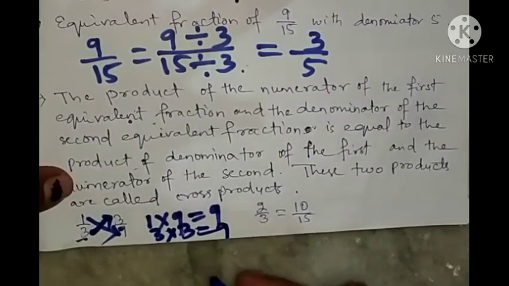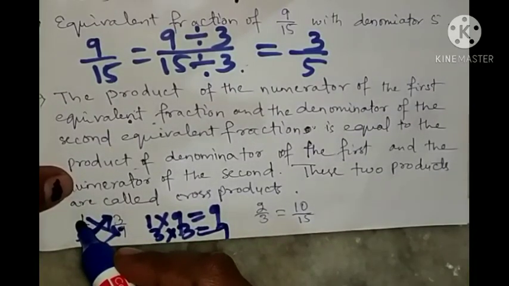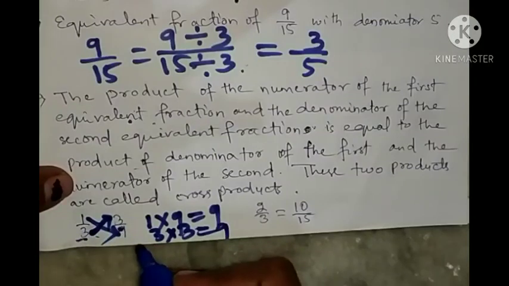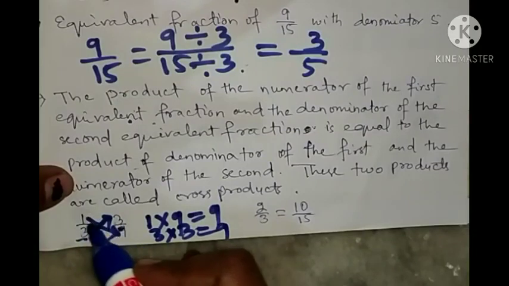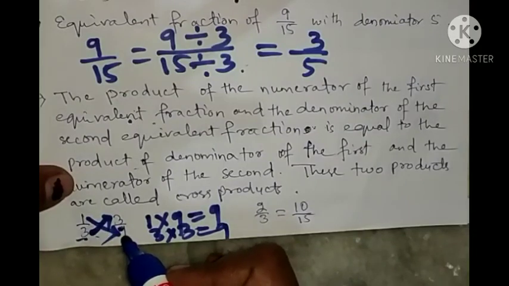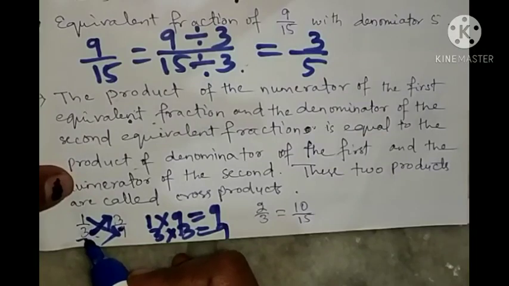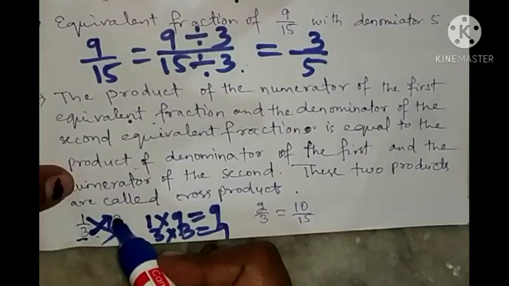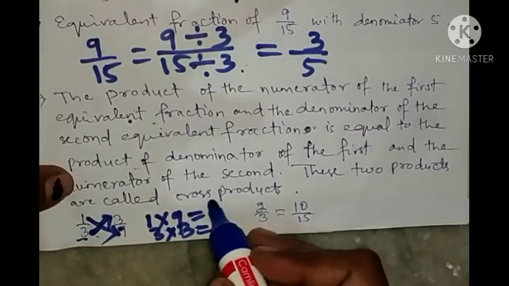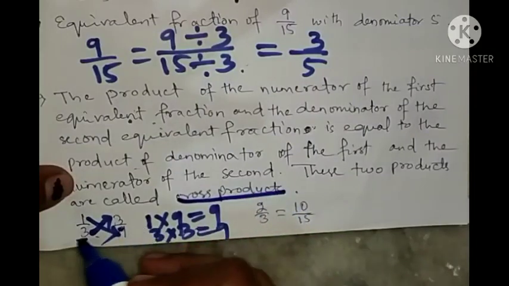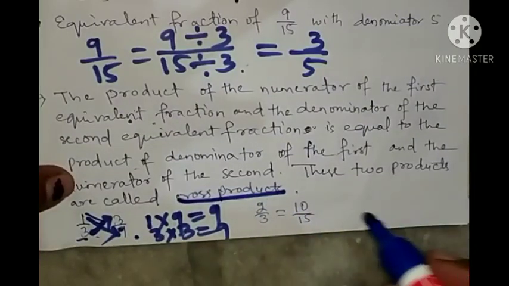How much are you getting? 9. So the product of the first numerator and second denominator, and the product of the first denominator and second numerator, are the same, and these are known as what? Cross products.